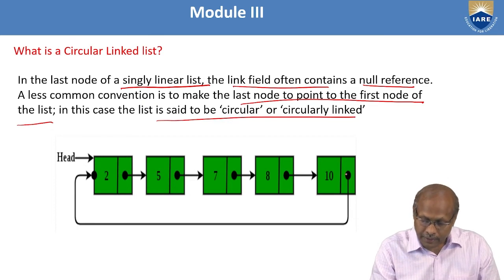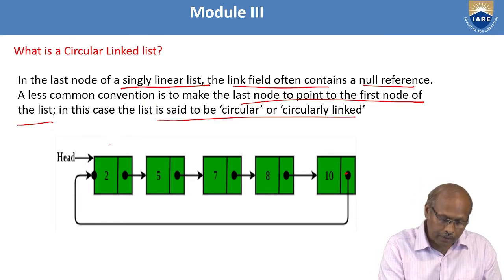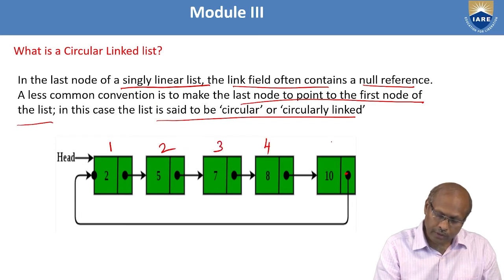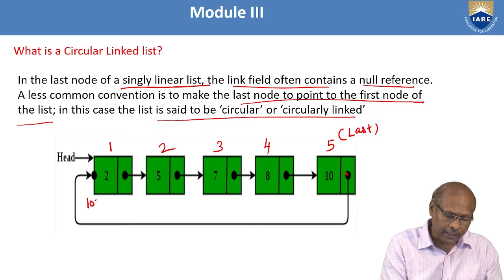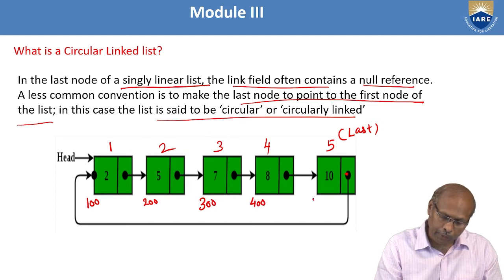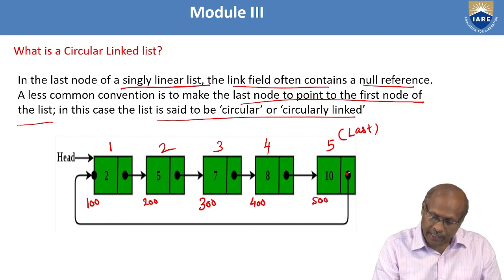That means this is the first node. This is the second node. This is the third node. This is the fourth node. This is the fifth node, or you can say last node. The last node's link is pointing to the first node. Assume the first node is 100, second node is 200, third node is 300, fourth node is 400, fifth node is 500. Now, this is the link part.